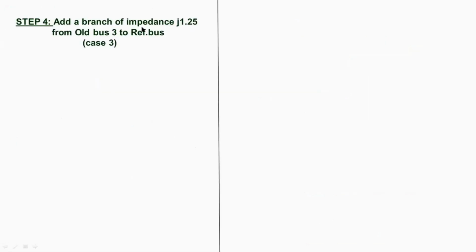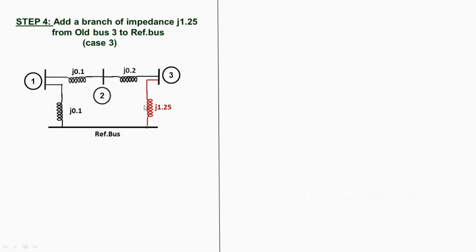That is, adding a branch of impedance j1.25 from old bus 3 to the reference bus. This case is old bus to reference bus, which comes under case number 3. Redraw the diagram for this case. The red marked symbol is the new branch impedance added between old bus 3 and the reference bus.